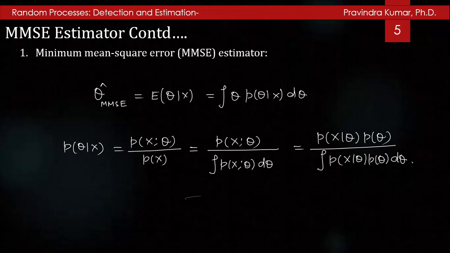It will be equal to p(x, theta) divided by the integration of p(x, theta) d theta. This is the marginal PDF of x, and you can find the marginal PDF by integrating the joint PDF with respect to theta. From the Bayes theorem, it will be p(x | theta) p(theta) divided by the integral of p(x | theta) p(theta) d theta.